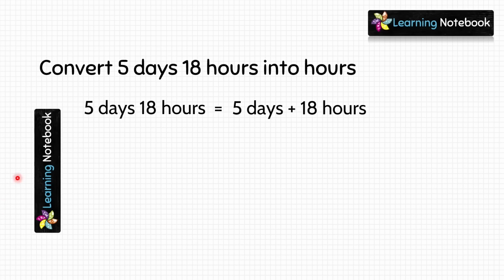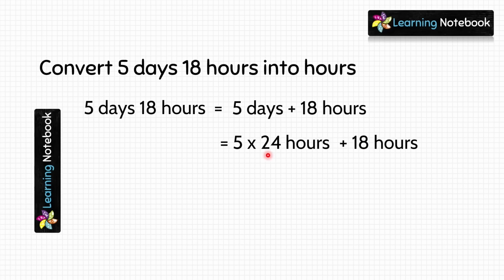We know 1 day equals how many hours? Yes, 24 hours. So 5 days would be equal to 5 multiplied by 24 hours. And we will add 18 hours to this.